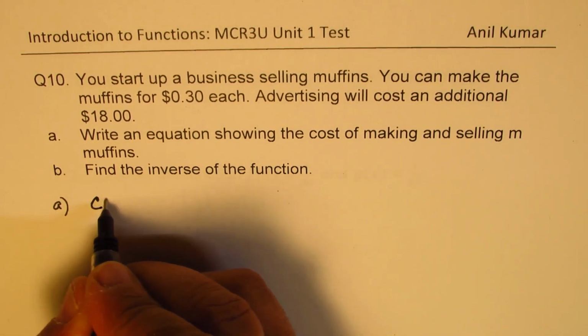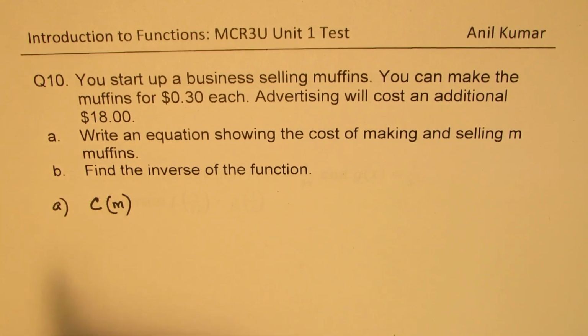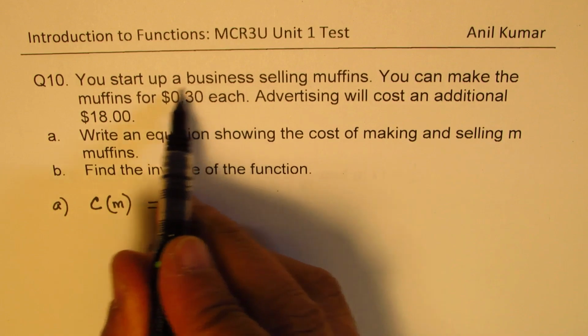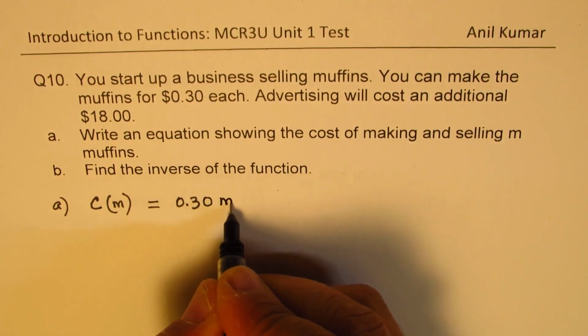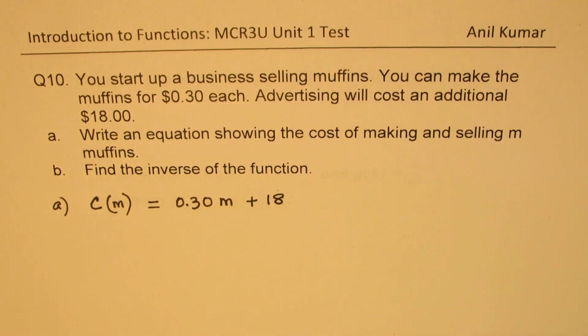So that is the cost of making and selling M muffins. So M becomes your independent variable. And this is your recurring cost with 0.30 times M plus fixed cost of 18. Is that clear to you? So that is how you can write down your equation.